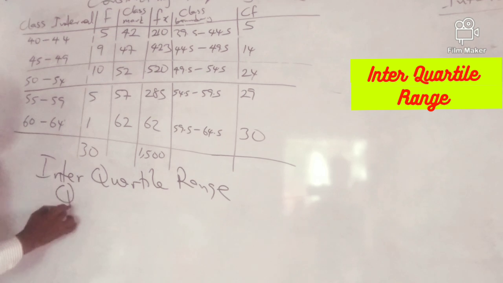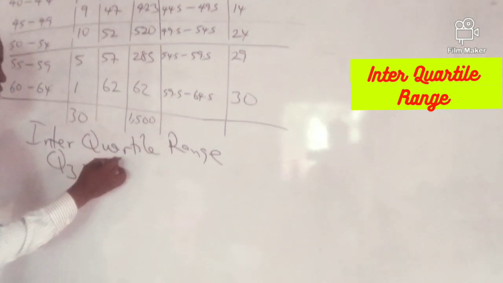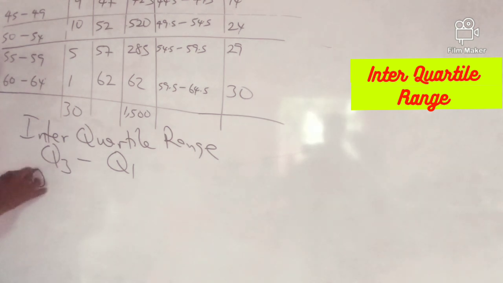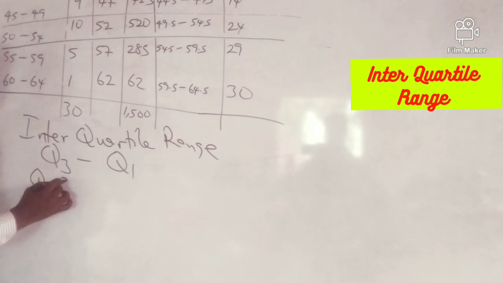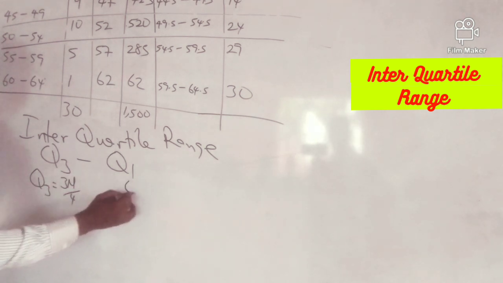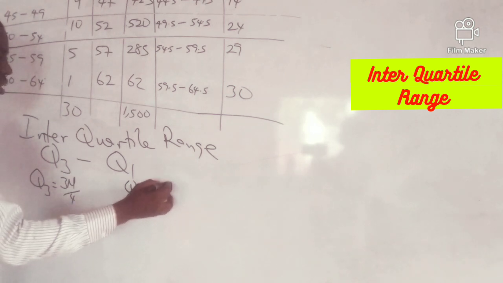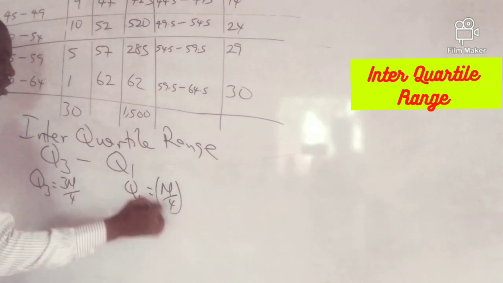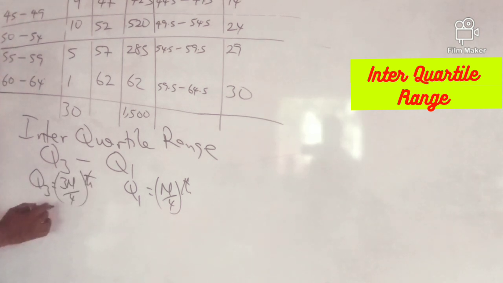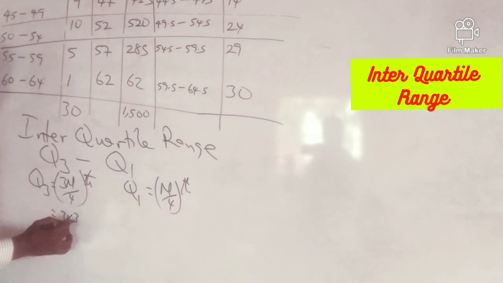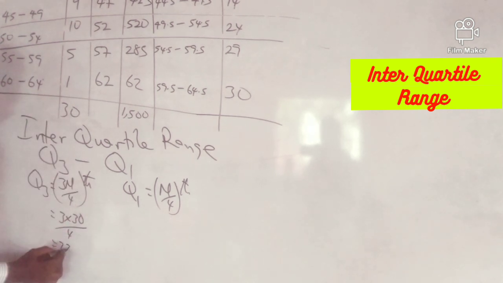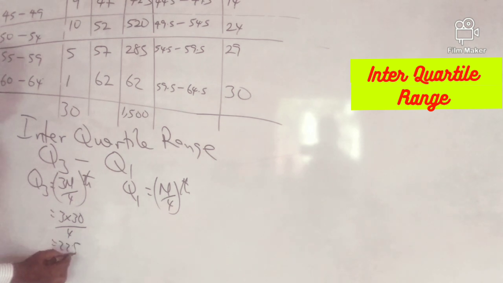The interquartile range is the upper quartile Q3 minus the lower quartile Q1. Your Q3 is found at 3n over 4, and your Q1 is found at n over 4. 3 times 30 over 4 is 22.5.